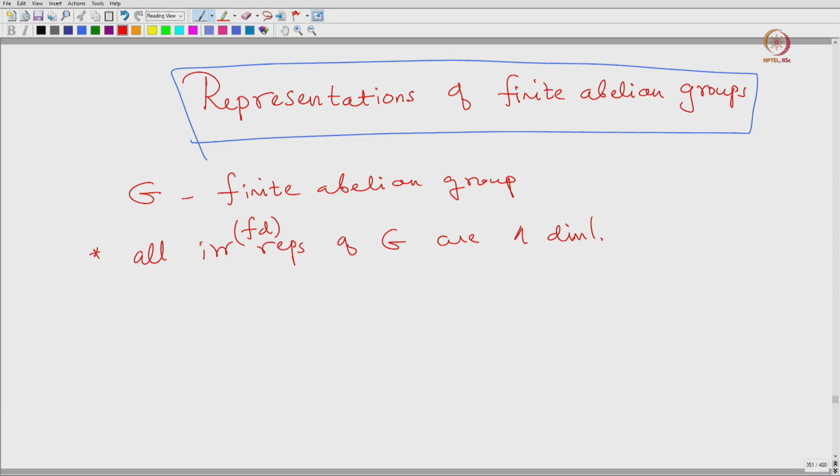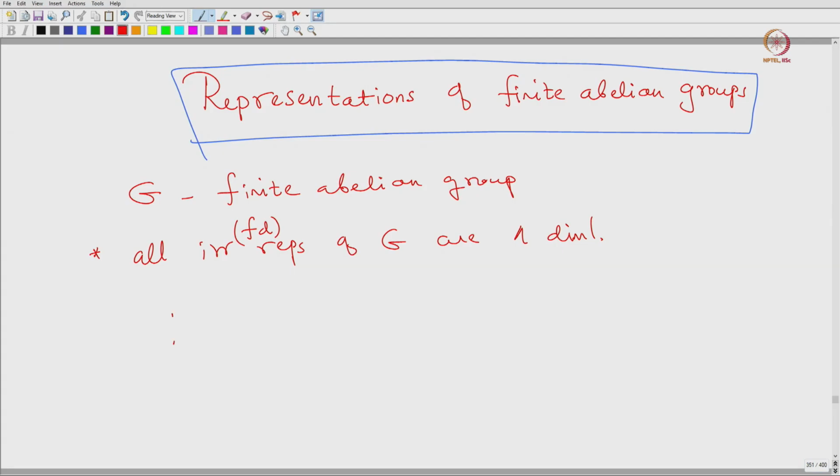So, in particular we can identify the irreducible representations with the irreducible characters. We do not need to distinguish them because we are working with one by one matrices.